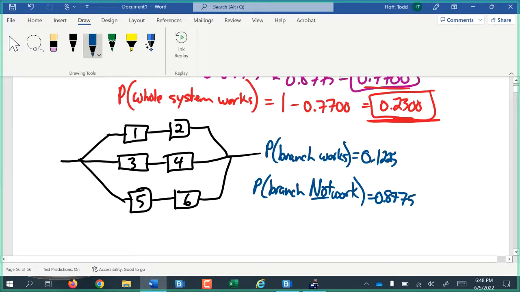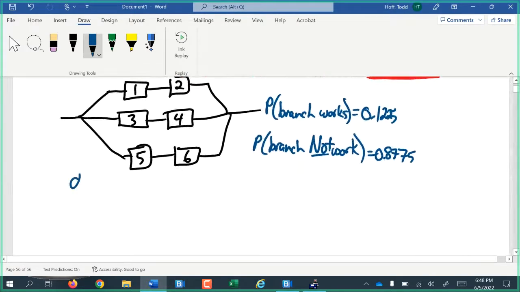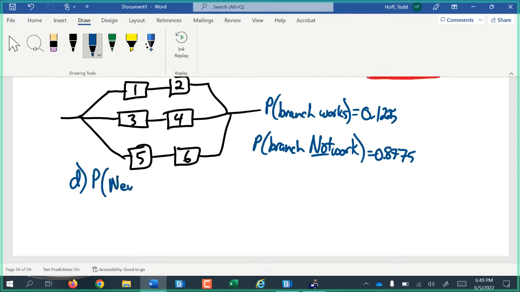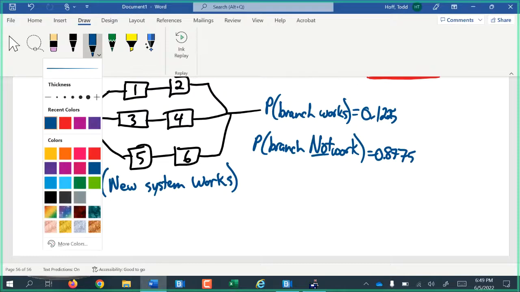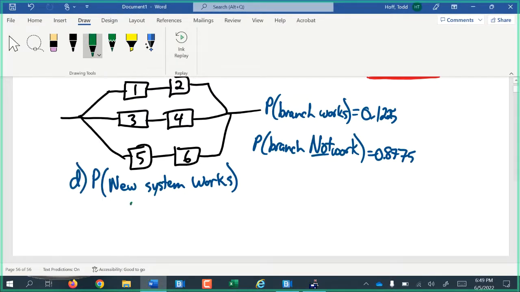So then for part D, what it's asking, how would the probability of the system working change? So if we've added this, this is the probability that the new system works. And to do this, we have to remember the process we went through up above. First, we have to find the probability that the system does not work. Remember, all three have to not work.